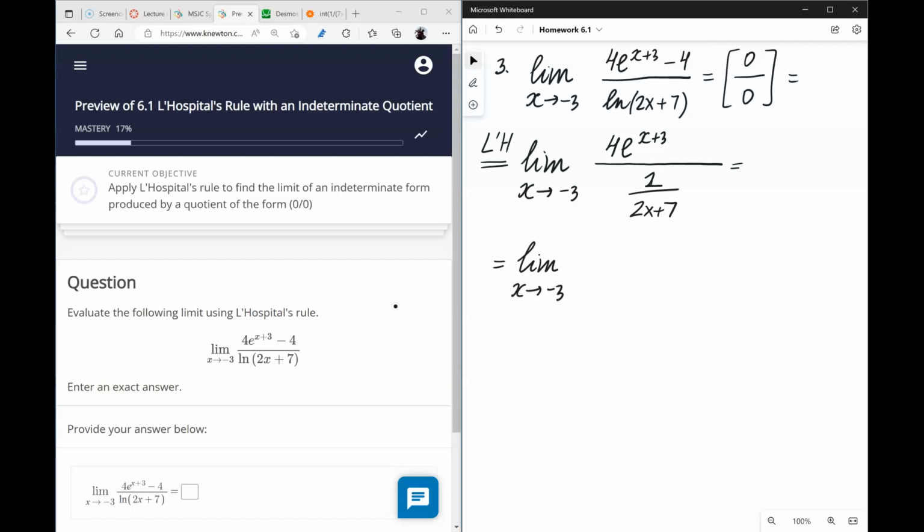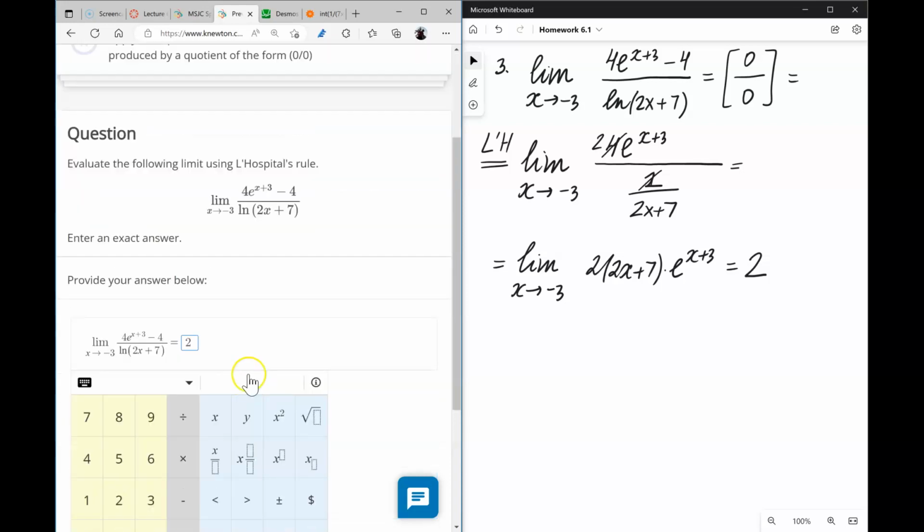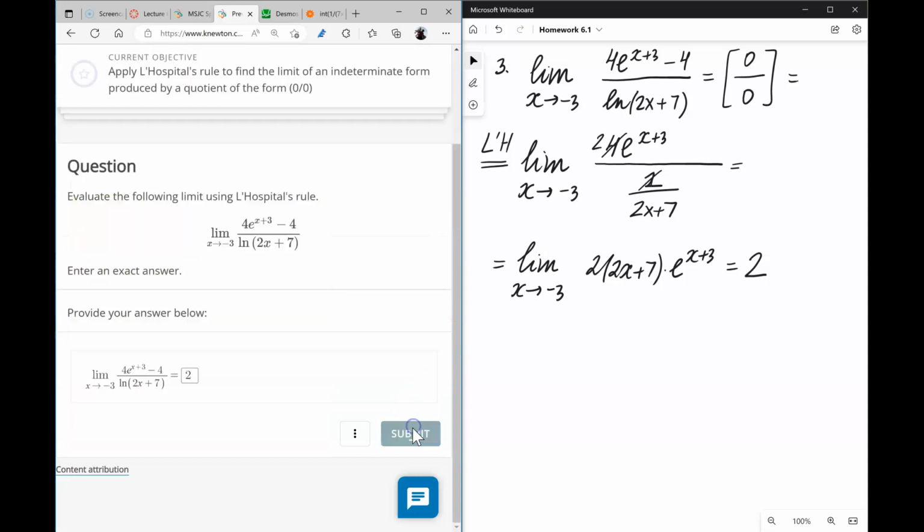So we have this 2, this 4 just becomes 2. So we have 2 times 2x plus 7 times e to the power x plus 3. And it looks like the answer is just 2, because this is a continuous function, so you just plug the value in and compute the output.